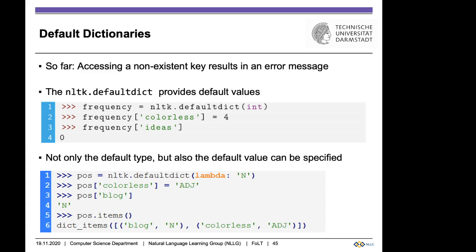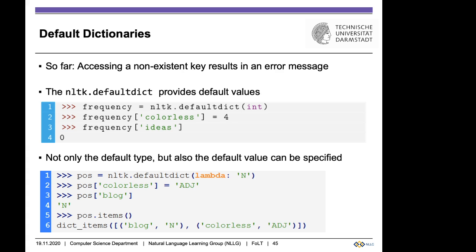So we see that we can set default values not only to an integer number, but also to strings. For example, we want to use dictionaries to create part of speech tagging tables, where we can still use default dictionaries to map the default tag noun to every single word.